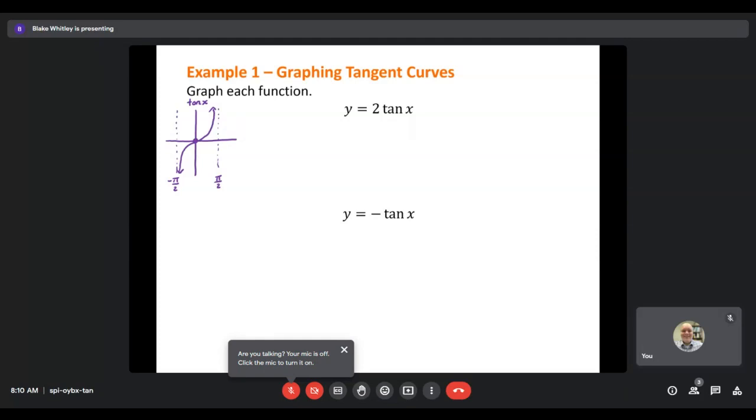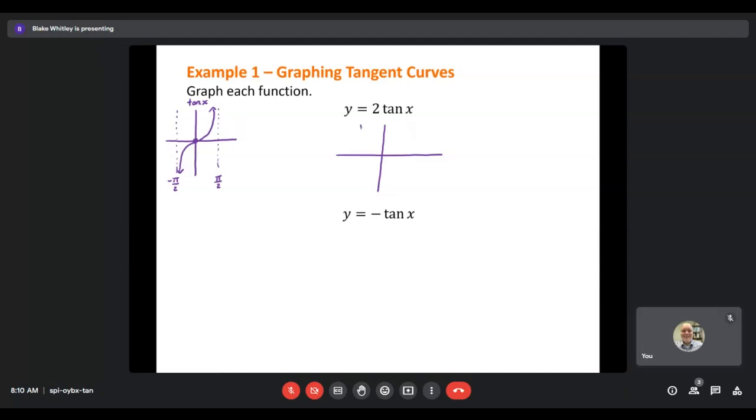Now, in this case, because we're graphing 2 tangent of x, the only thing that's going to change here is that we're going to stretch this graph vertically. Okay, so sketch this one out. If I stretch my graph vertically now, the asymptotes actually don't move, right? I'm not doing a shift left or right. I'm not adjusting the period here.